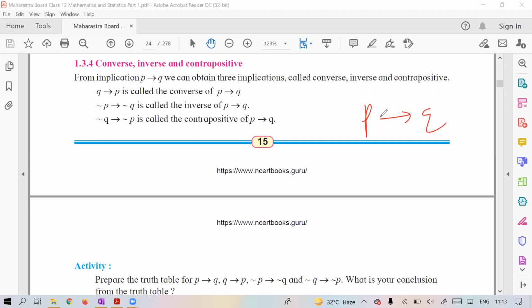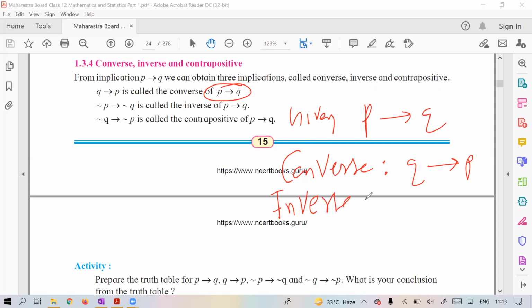So given statement is P implies Q. You want to write the converse of P implies Q. That will be Q implies P. If you want to write the inverse, the inverse will be not P implies not Q. And next is the contrapositive. P implies Q has the contrapositive statement not Q implies not P.